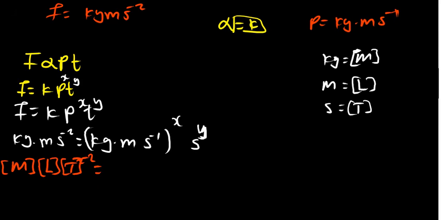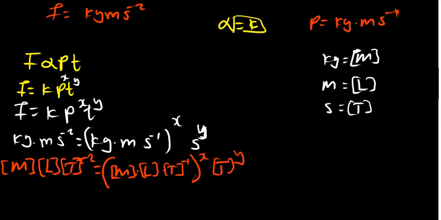So this one, I can just put big open brackets, and I'm going to have mass times meters, which is length, times T, with everything raised to the power x, and then we have T raised to the power y.